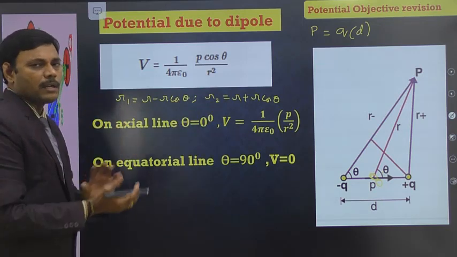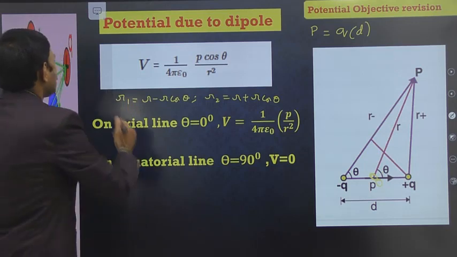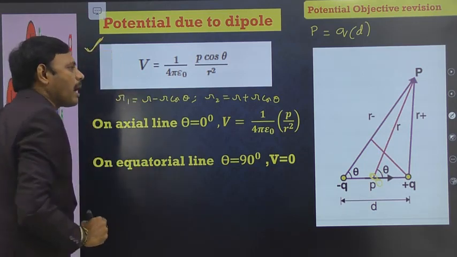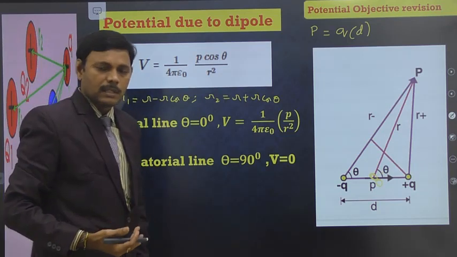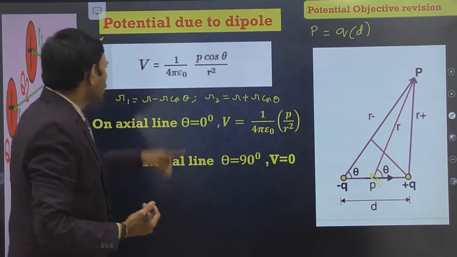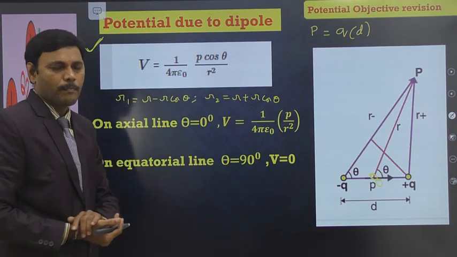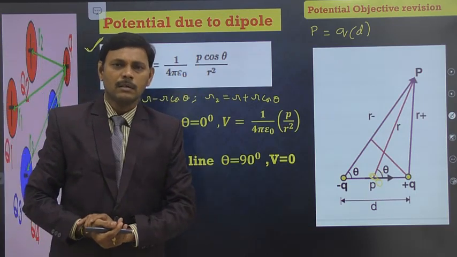Simplifying the equation, ultimately we get the potential due to a dipole at point P, which makes angle theta with the dipole axis, as 1 by 4 pi epsilon naught, p cos theta by r square. Remember this formula to solve.